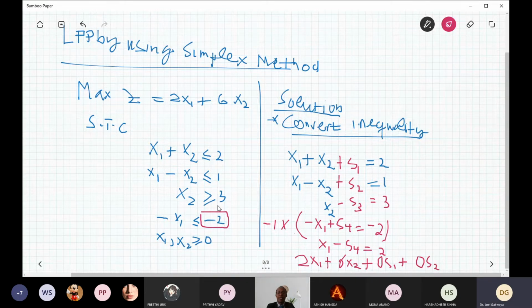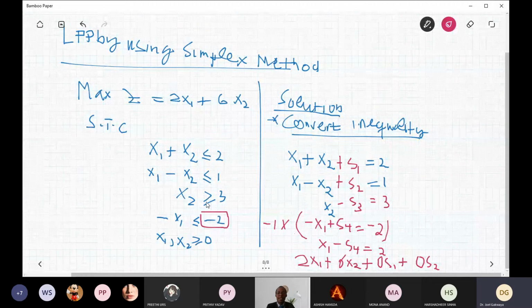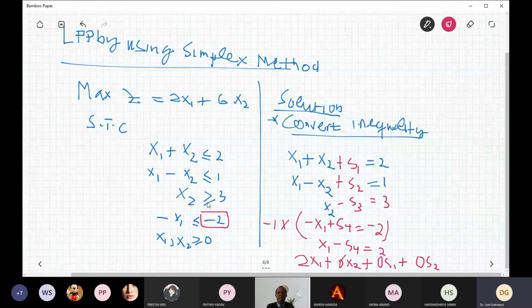When it comes here, we subtract, so we say minus 0 S3. What about this one?